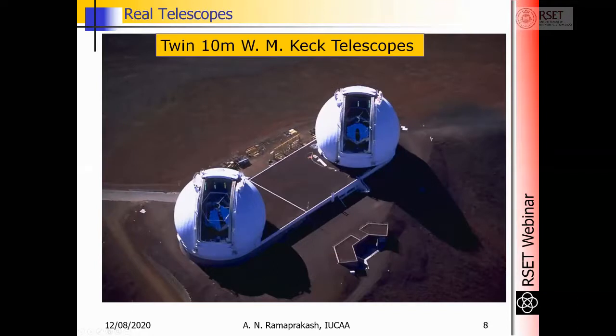These are huge structures. For example, this height here is about 2 or 3 stories. So if you think of this as 2 or 3 stories in height, you can imagine how high this entire building is. And imagine making such a big structure on top of a mountain, which is half the height of Mount Everest, and sitting in the middle of the Pacific Ocean on an island.